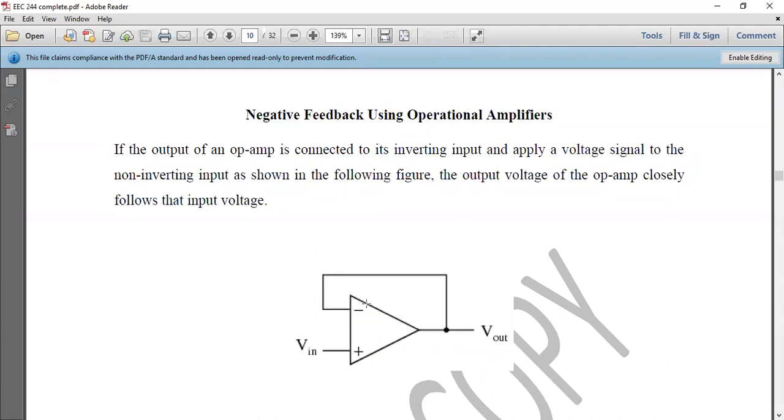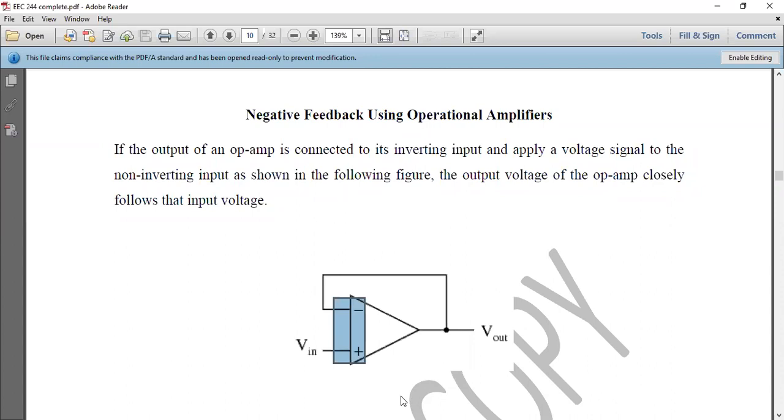And that is why you see the symbol like a triangle, like an isosceles triangle kind of. And then here at this side, we have minus and positive at this side. So the minus and positive, those are the two input terminals. The minus terminal there is the inverting input of the amplifier.